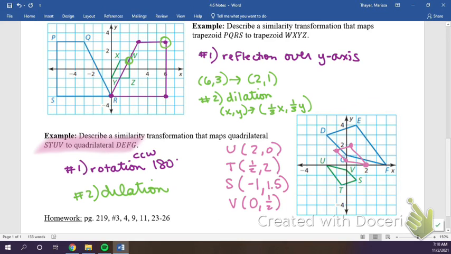And so what is it going to take to get from, let's say, I'm going to pick a point, this one to this one. So what does it take to get from (2, 0) to (4, 0)? Well, it's multiplying by 2, so I'm going to have (x, y), and I'm going to multiply my x and y value by 2.